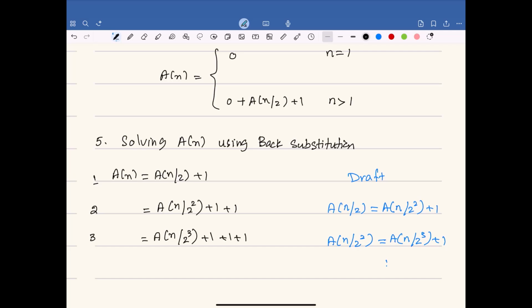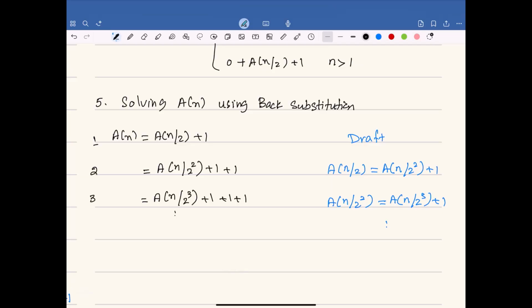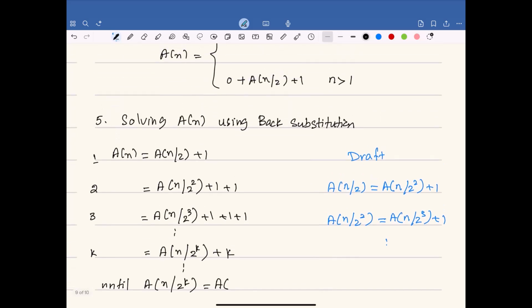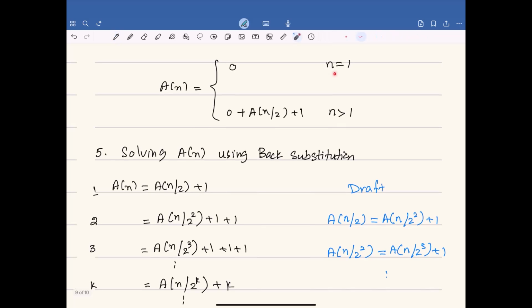from the previous step. If we continue dividing by 2, at step k, A of n will be equal to A of n over 2 raised to power k plus k because we are adding 1 k times. Dividing by 2 will continue until n over 2 to the power of k is equal to the initial value, when n is equal to 1.